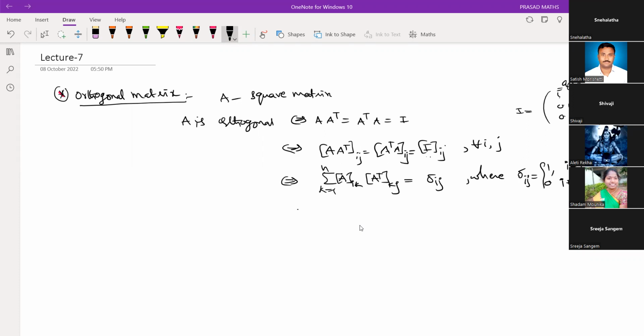That means this can be rewritten as summation k equals 1 to n of the ik-th entry of A times the kj-th entry of A transpose, which can be written as the jk-th entry of A. The kj-th entry of A transpose is equal to the jk-th entry of A. And the Kronecker delta is 1 if i equals j, otherwise 0.